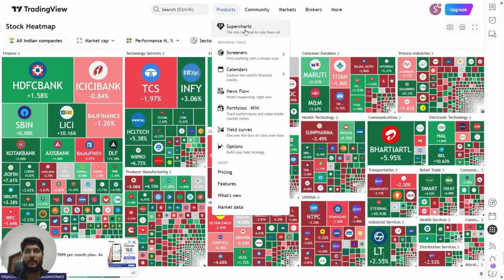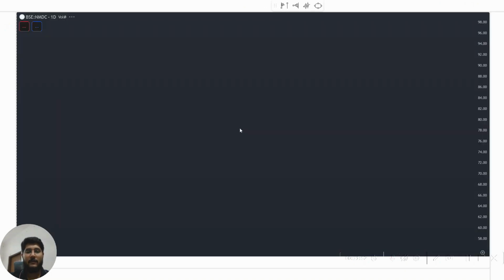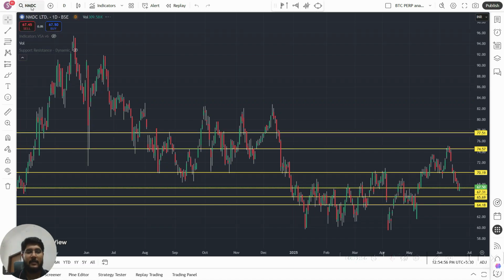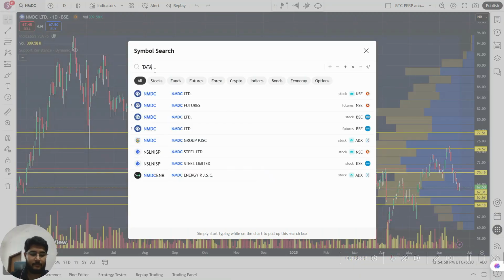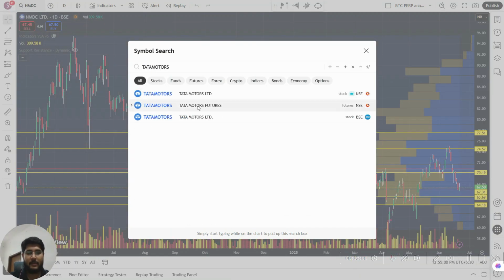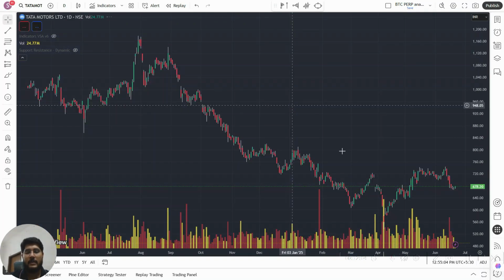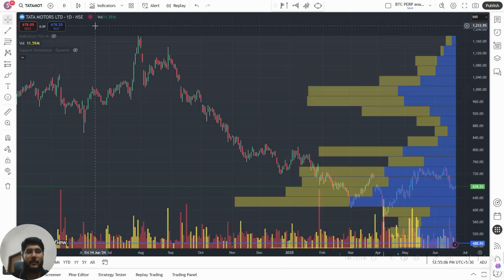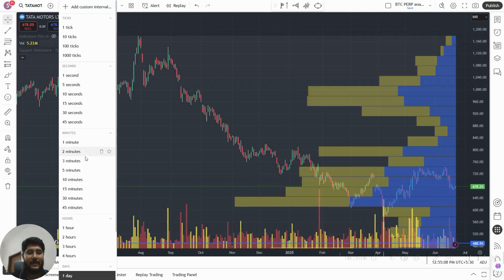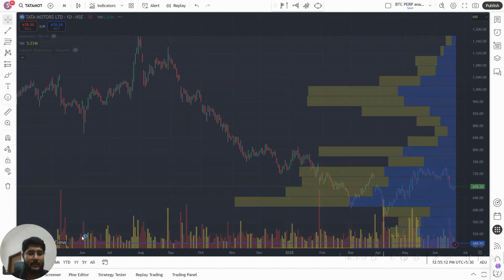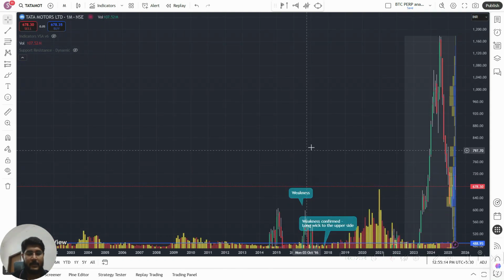Now moving to supercharts. This is again one of a very interesting, or I would say, very informative platform to use to track your portfolios and to track your stocks as well. What I'll do is I'll go to a monthly, right?